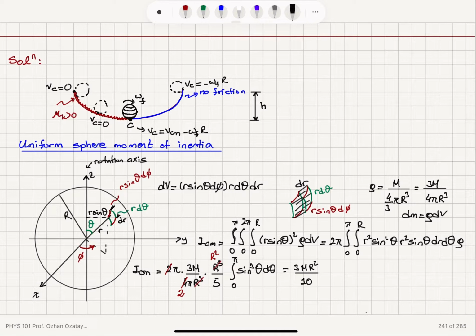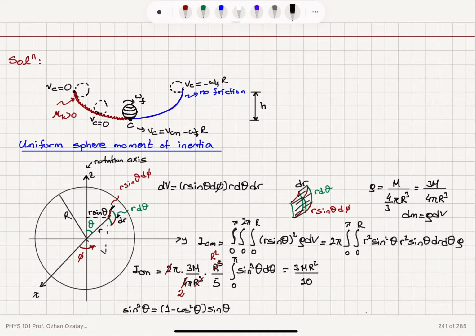And then we can evaluate the integral sine cubed theta d theta. Sine squared theta is 1 minus cosine squared theta. For sine cubed theta, I'm going to substitute 1 minus cosine squared theta times sine theta.